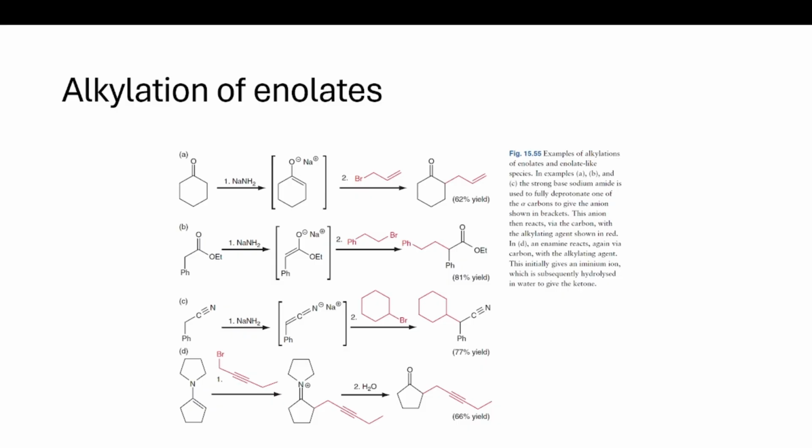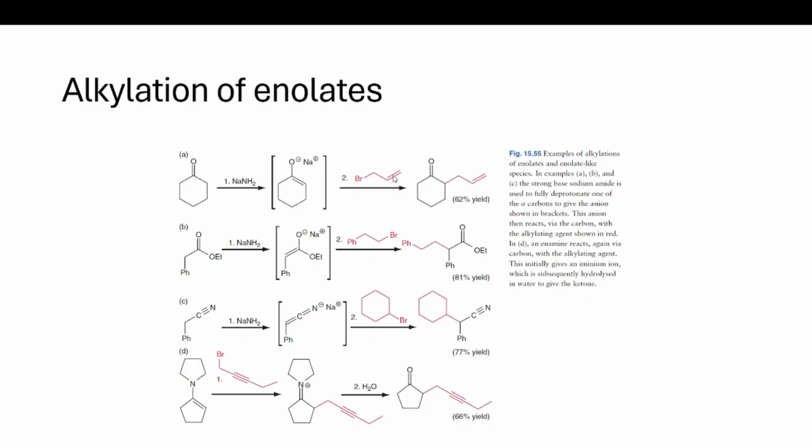Now, enolates can actually go through a particular reaction known as alkylation, where we simply add an alkyl group. So say for example that we have this particular ketone. We just look at reaction A. We can use sodium amide, and from this ketone, we can get an enolate.